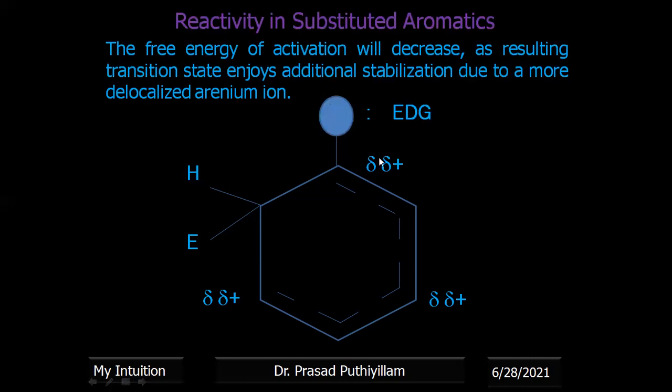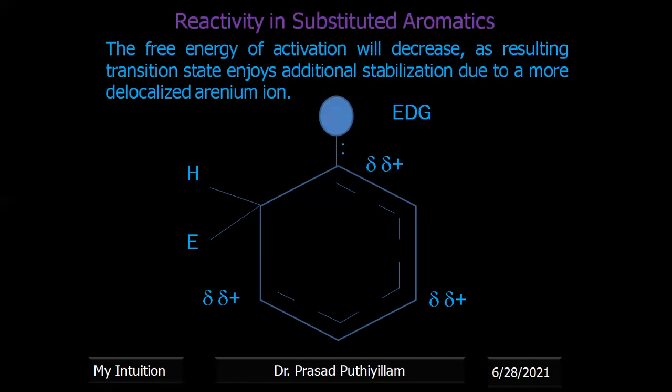It will donate electrons to this positive charge, or throughout this positive charge. If it gives an electron here, then that electron can move throughout these shared p orbitals. Therefore, the electron donating effect is represented there.